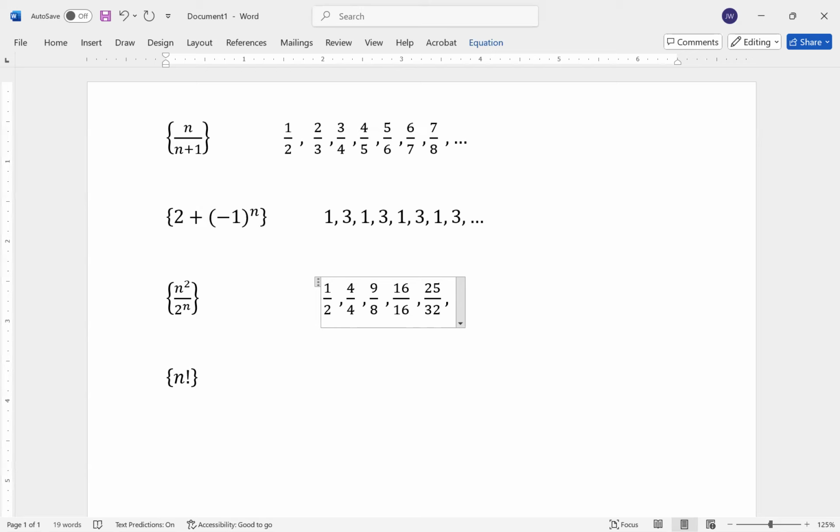When I plug in a 6, I get 36. That's 6 squared divided by 2 to the sixth power, which is 64. And when I plug in a 7, I'll get 7 squared, which is 49, divided by 2 to the seventh power, which is 128.